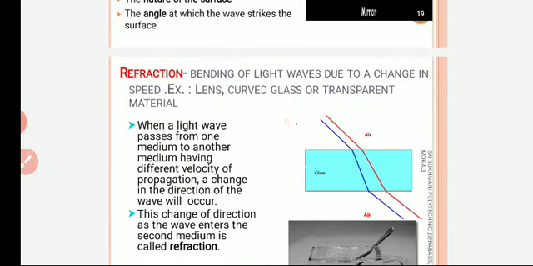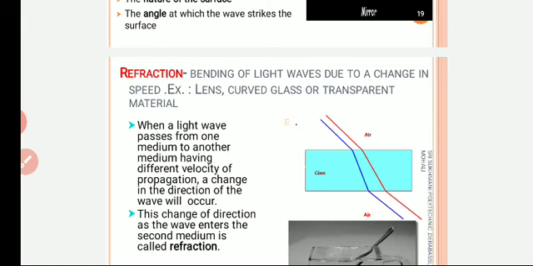What happens when light strikes a material which is not transparent, for example frosted glass, having a different refractive index?